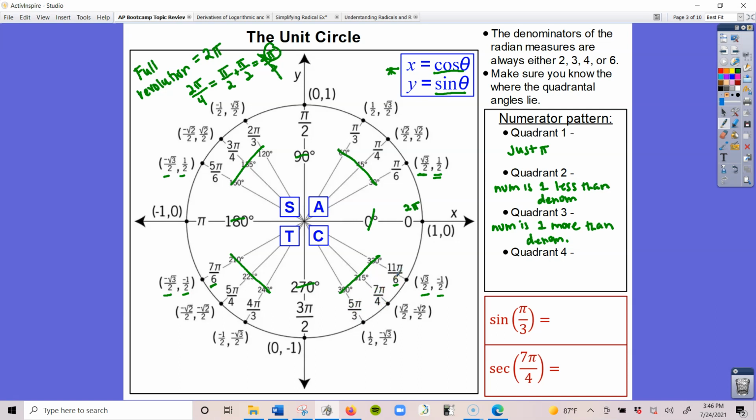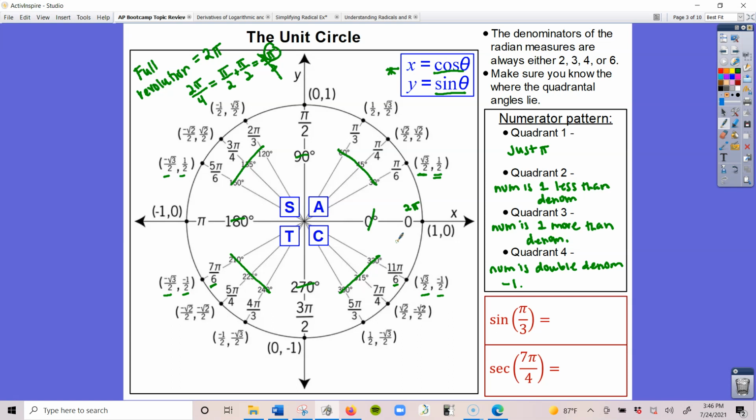And the double of 6 is 12, minus 1 is 11. So here the numerator is double the denominator minus 1. So that's how we know where our angles lie depending on the quadrant.